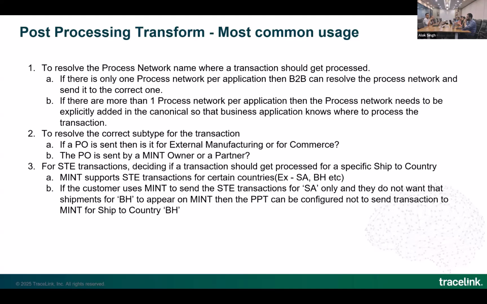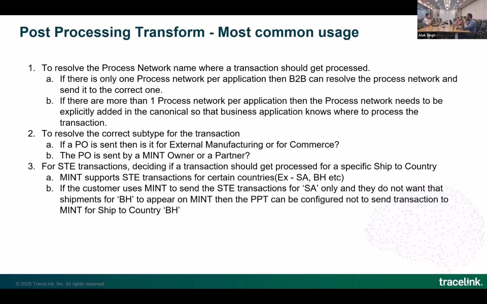If for your business application you have just one process network created, then by default, all the transactions that come into the system land into that single default process network, right? But in case there is more than one process network created for a business application, then there is no information in the transaction itself to define in which process network the transaction should be routed to and where the transaction will be processed, right?